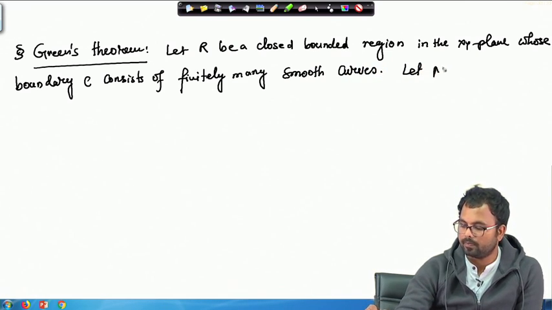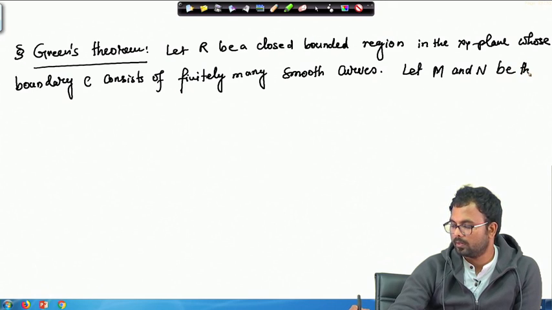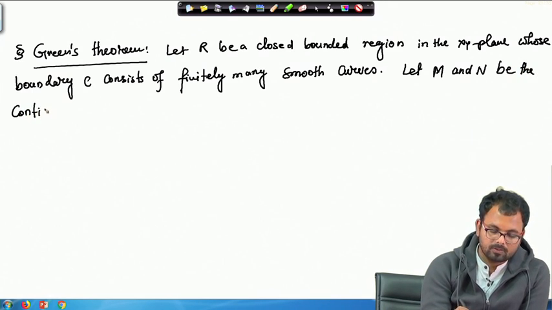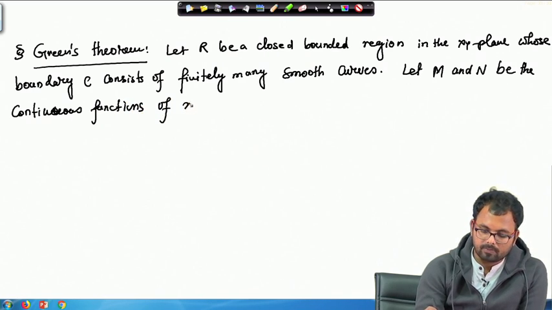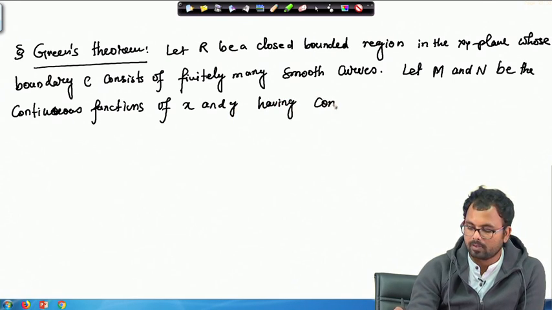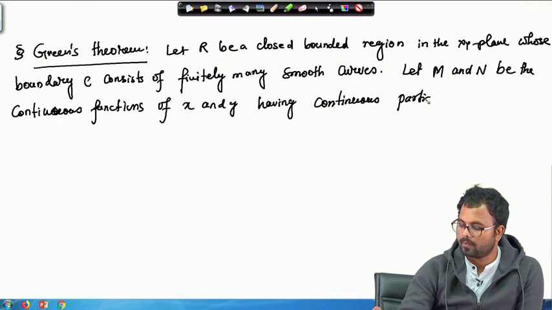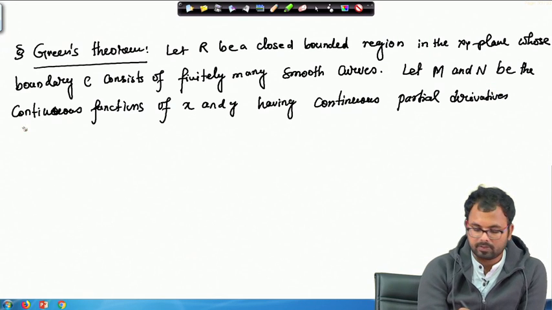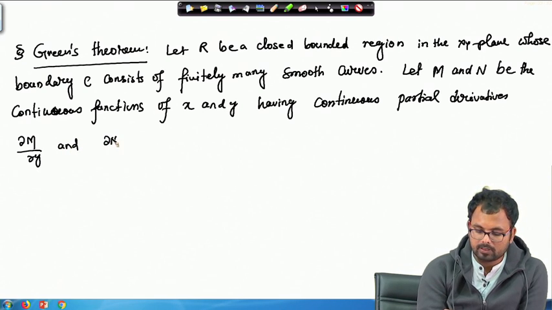And let M and N be continuous functions of x and y having continuous partial derivatives del M del y and del N del x in R.